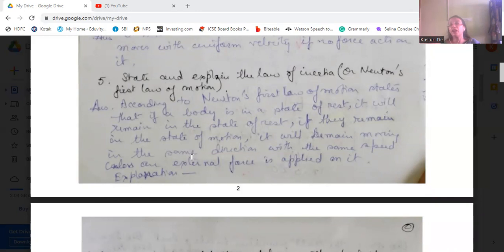And if it is in a state of motion, it will remain in the state of motion in the same direction, at the same speed, unless and otherwise an external force is applied.